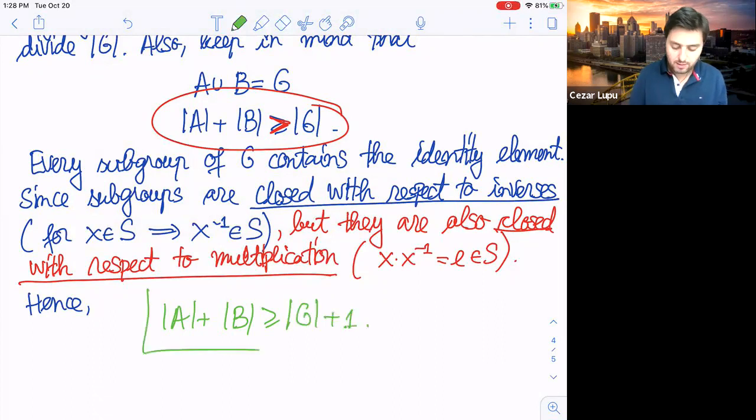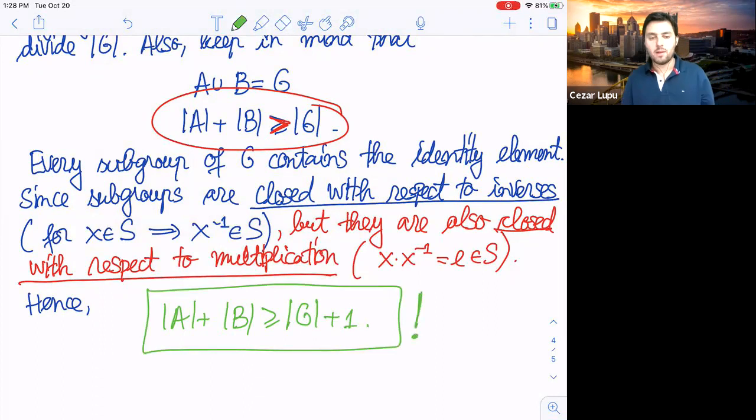Okay, so we have this inequality. At this point, we're in a very lucky situation because we can play around with it. For example, we can divide by, so again, by Lagrange's theorem.